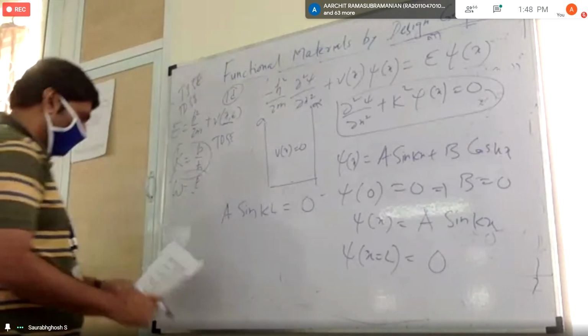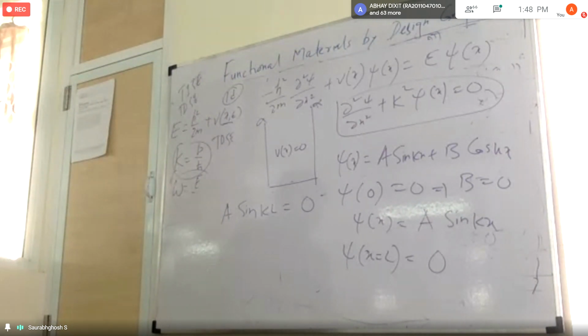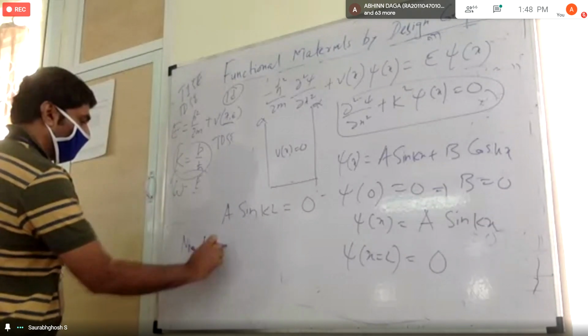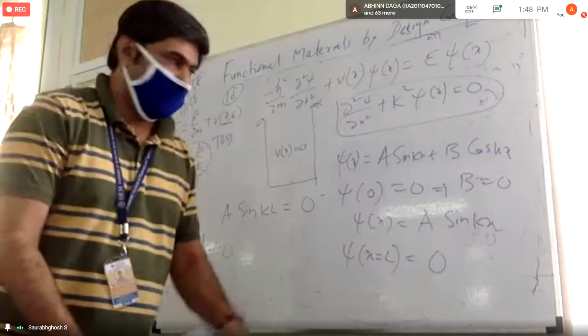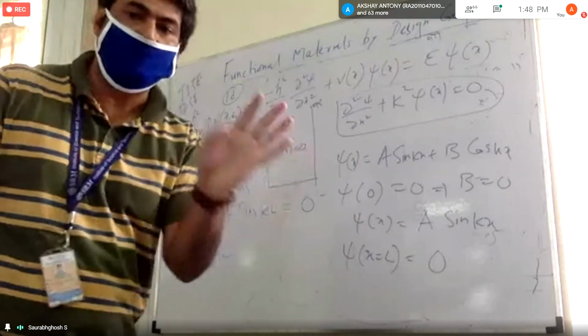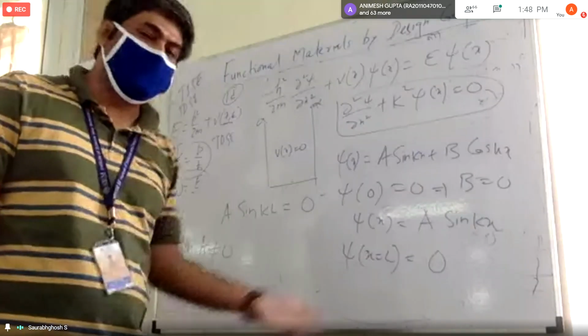Now, A is not equal to 0. If A equals 0 and B equals 0, then this wave function doesn't have any meaning, there is no wave function.